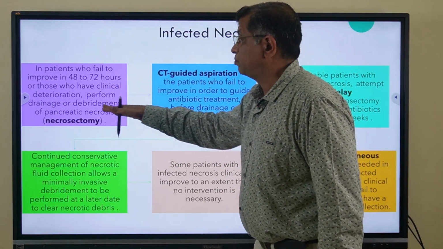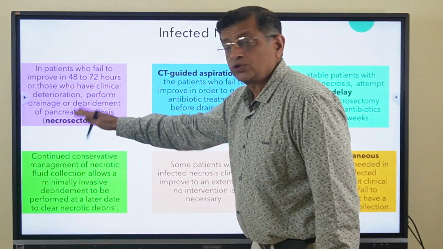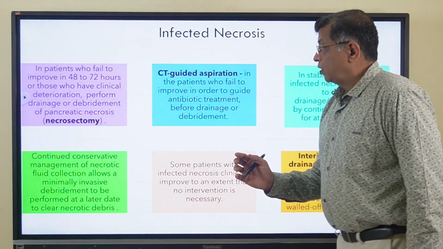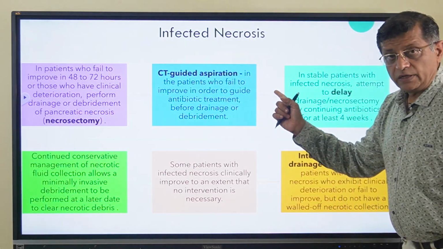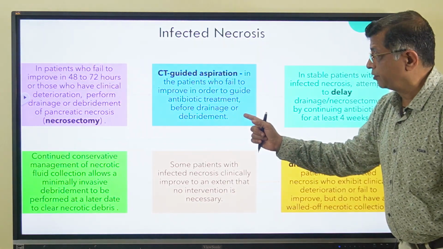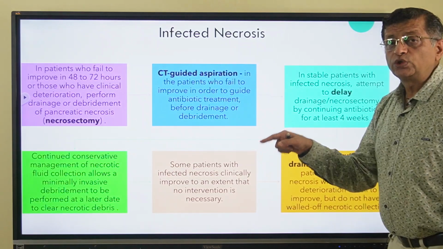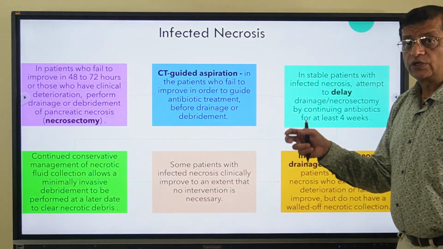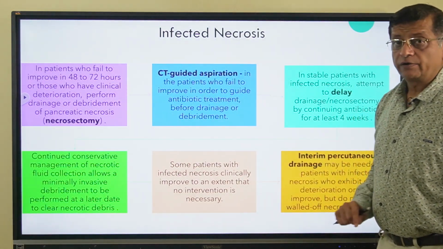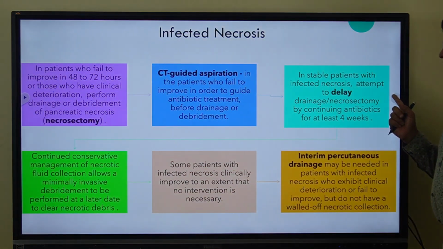Then you can perform drainage or debridement of pancreatic necrosis, what is called necrosectomy. Or you could do CT guided aspiration in patients who fail to improve in order to guide antibiotic treatment before drainage and debridement. So you could do CT guided aspiration for culture, and then go ahead with drainage and debridement.